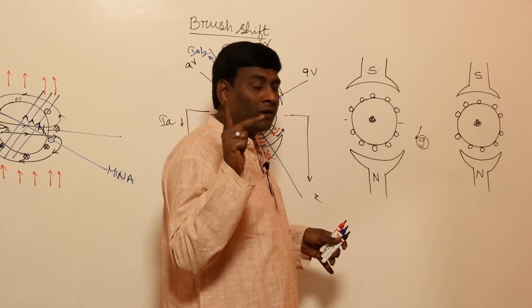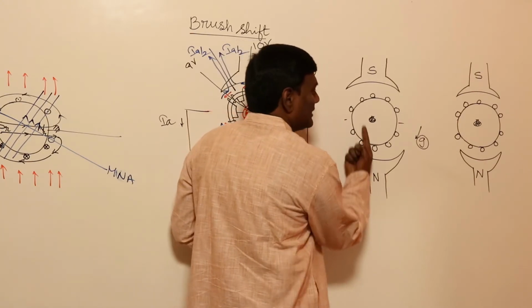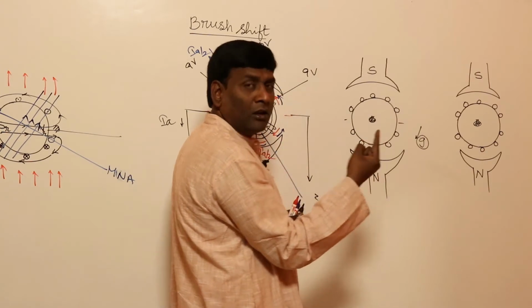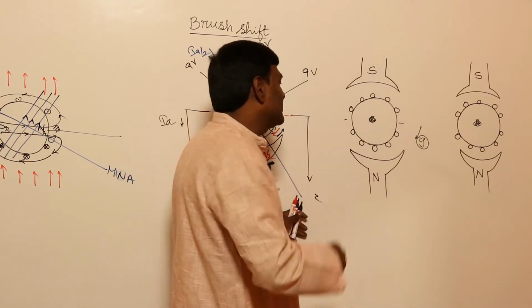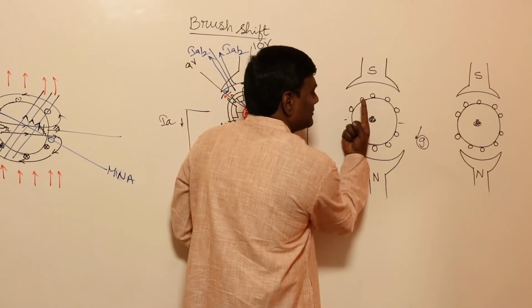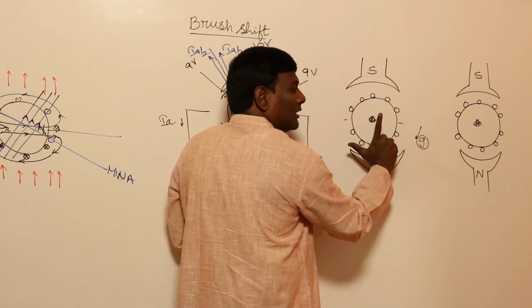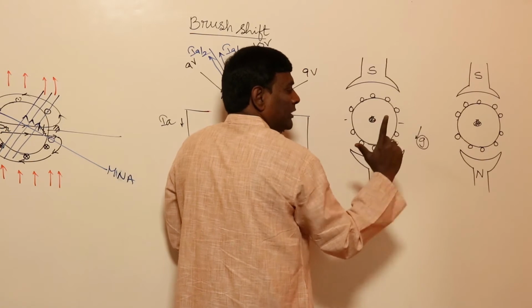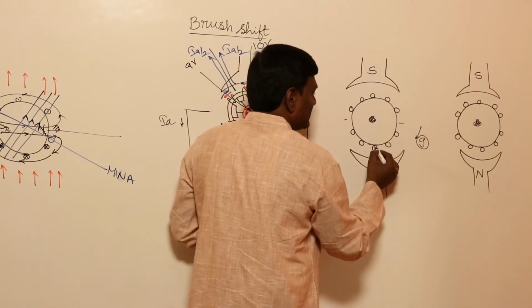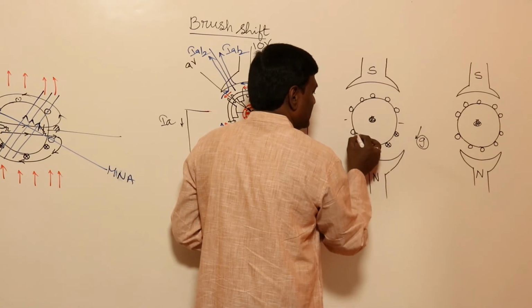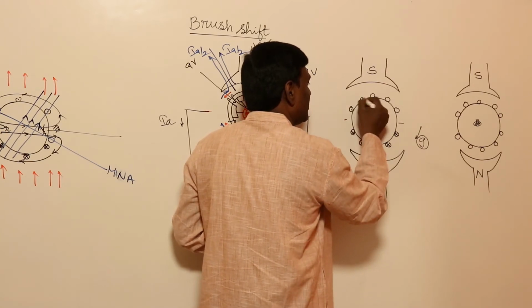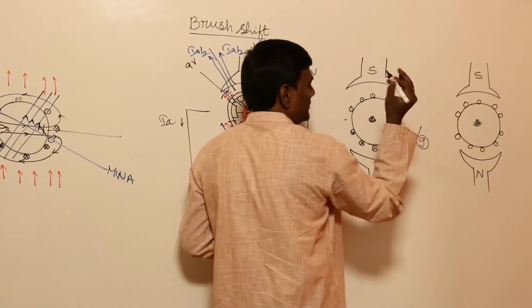Right hand rule. Flux is going like this. If you get any problem, just go back and revise basic concepts of rotating machines and come back. The N pole is like this, and the rotor conductors are rotating like this, so induced voltages will be cross here, cross, cross, cross, cross, dot, dot, dot, dot, dot.